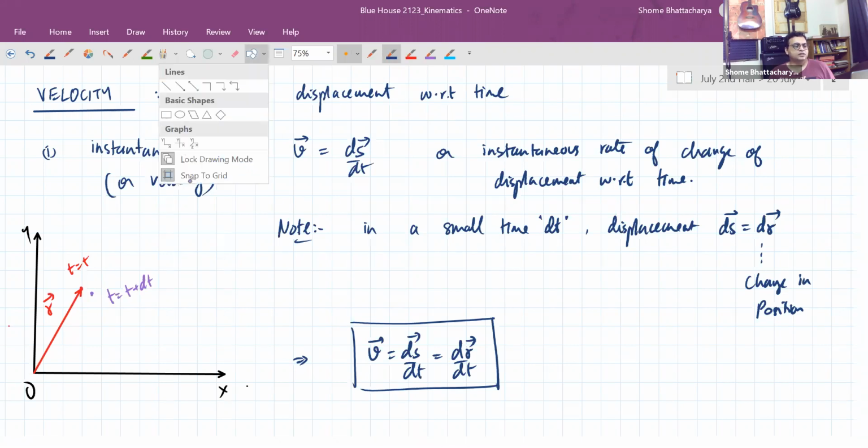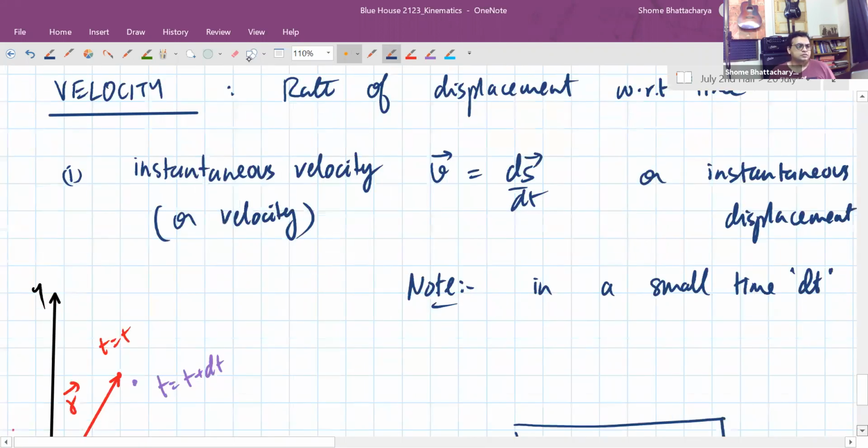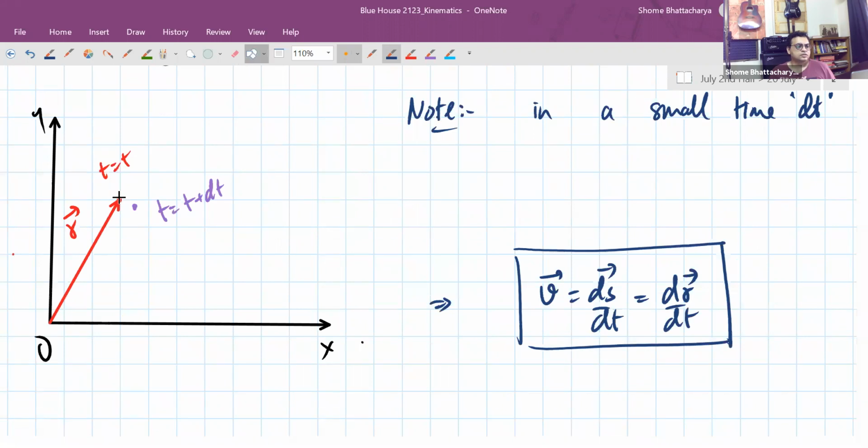The displacement is this. This is that small displacement ds that it makes during that time.